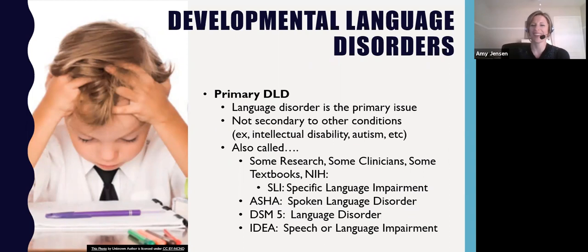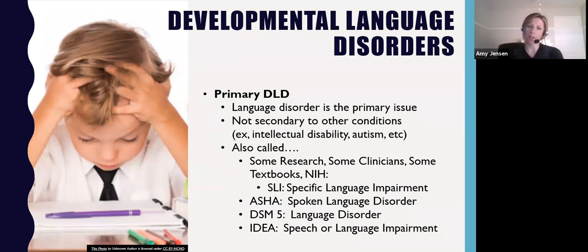The problem with this one is that it does go by a few names, which can be a little bit confusing. In some research articles, some researchers, some clinicians, some textbooks, and still the NIH, they will call it specific language impairment. And I believe in a lot of schools, they might still call it this, although the diagnostic label used in the schools is different. ASHA refers to it as spoken language disorders.